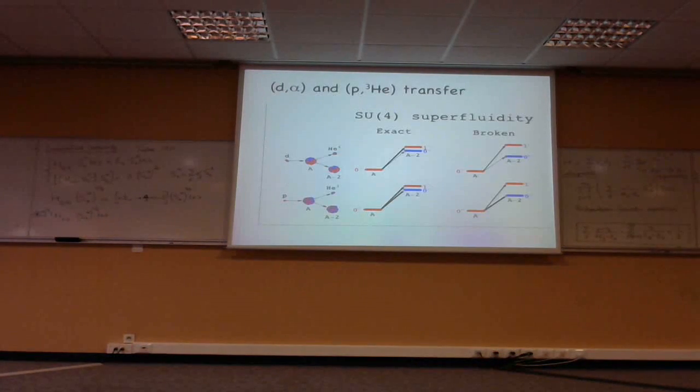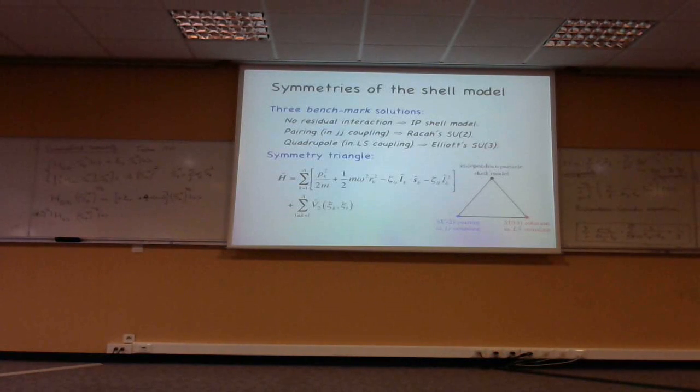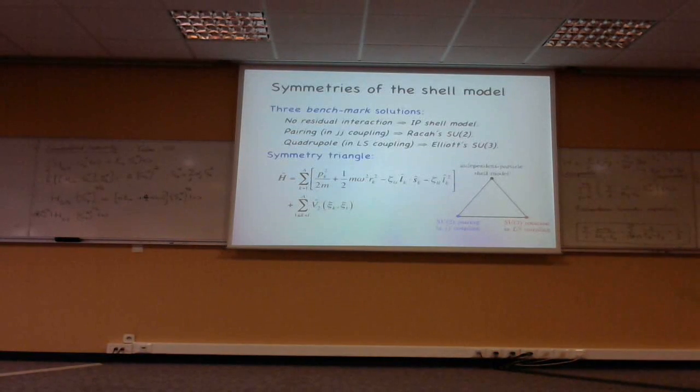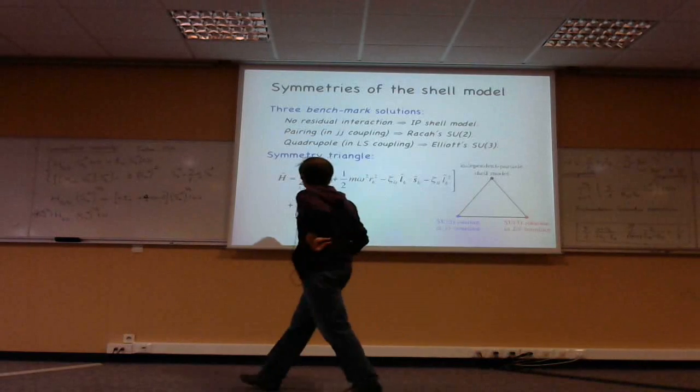This will be discussed by Augusto. So in the remaining 45 minutes or so, I would now like to come to the second topic, which is quadrupole, Elliott's SU3 scheme, and try to explain that.